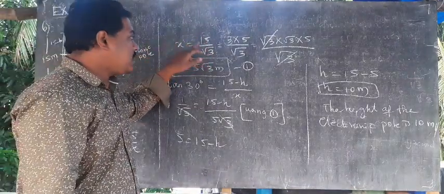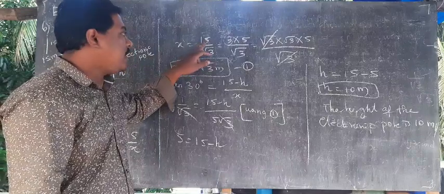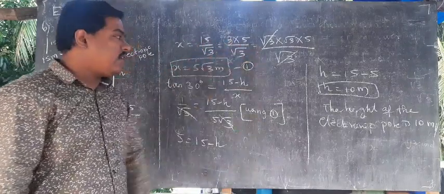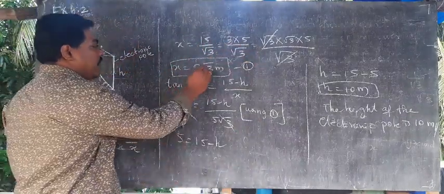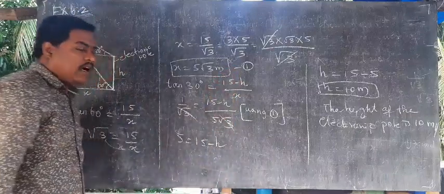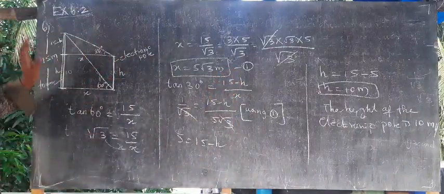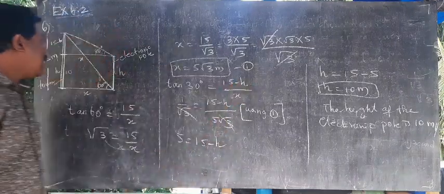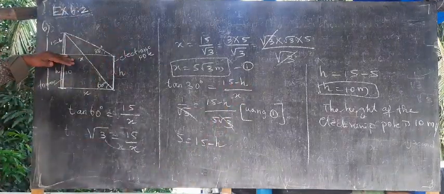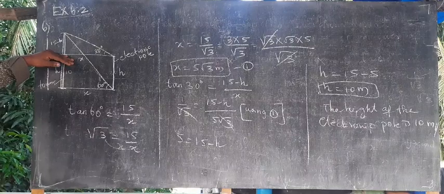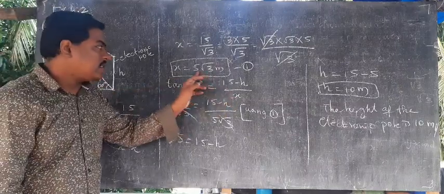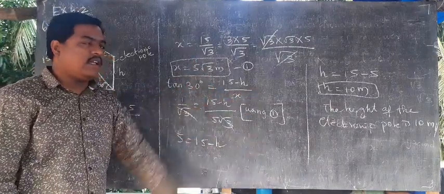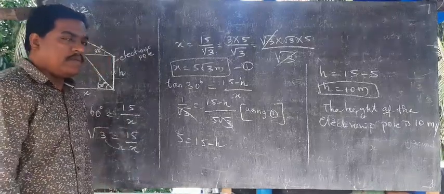To cancel root 3, I separate this 15 into 3 into 5, and then cancel, we get x equals 5 root 3. Then the other angle, tan 30 degrees. Tan 30 equals opposite, which is 15 minus h, by x. Putting x equals 5 root 3 and cancelling, we get the height of the electronic pole. Right? Thank you.